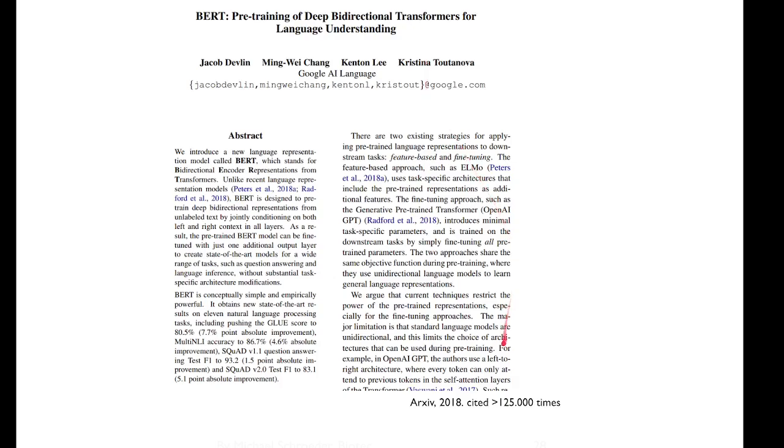And by the way, just published in 2018, the paper has over 125,000 citations already now. And so BERT, the Bidirectional Encoder Representations from Transformers, was really the basis that set the stage for this notion of word embeddings, and that is ultimately the basis for ChatGPT and the likes.